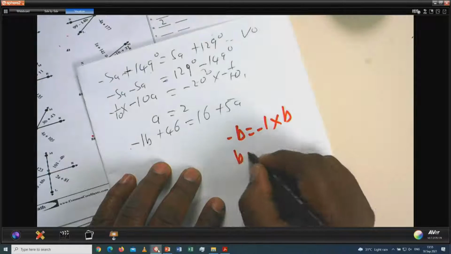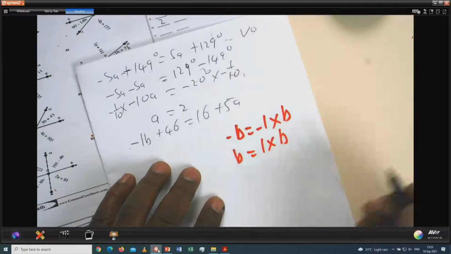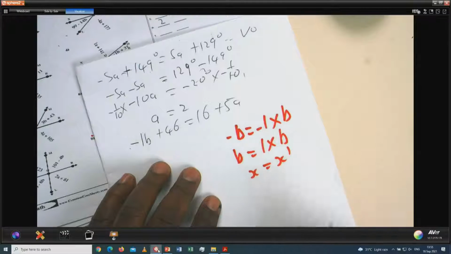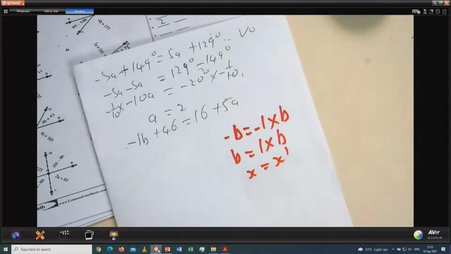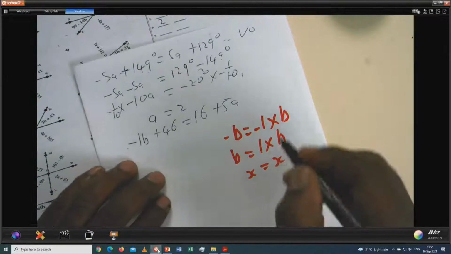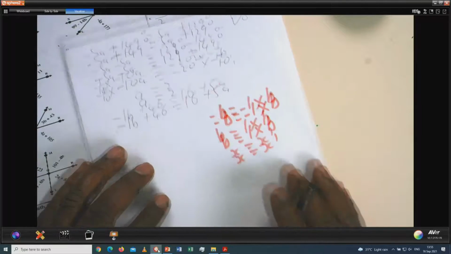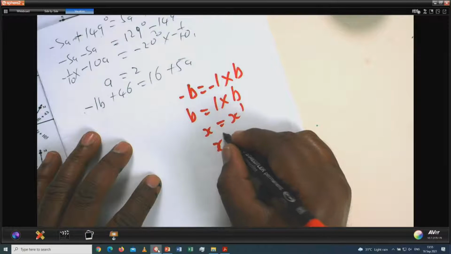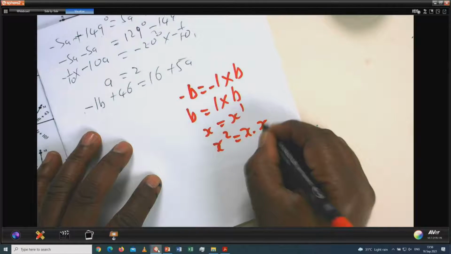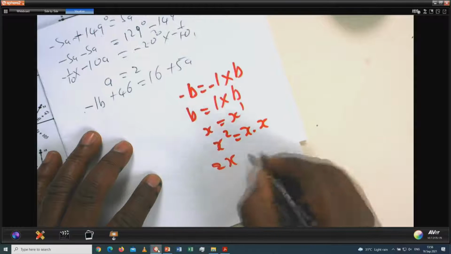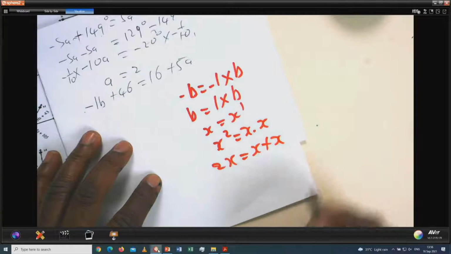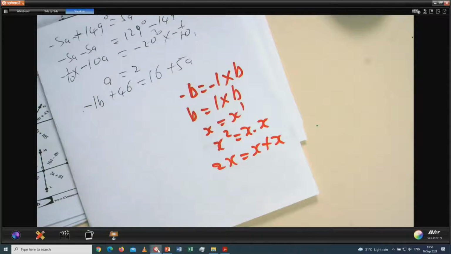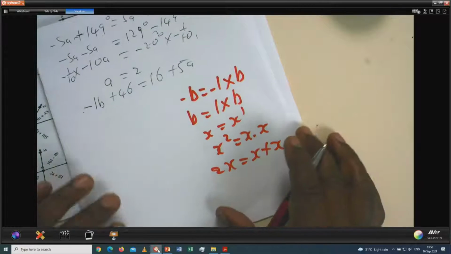Or b would mean 1 by b, but you don't normally write it. x would mean x to the power 1, but you don't normally write the 1. It's so important sometimes to look at these things so that you know that x squared is x by x, and 2x is x plus x. We don't write those ones in front there.